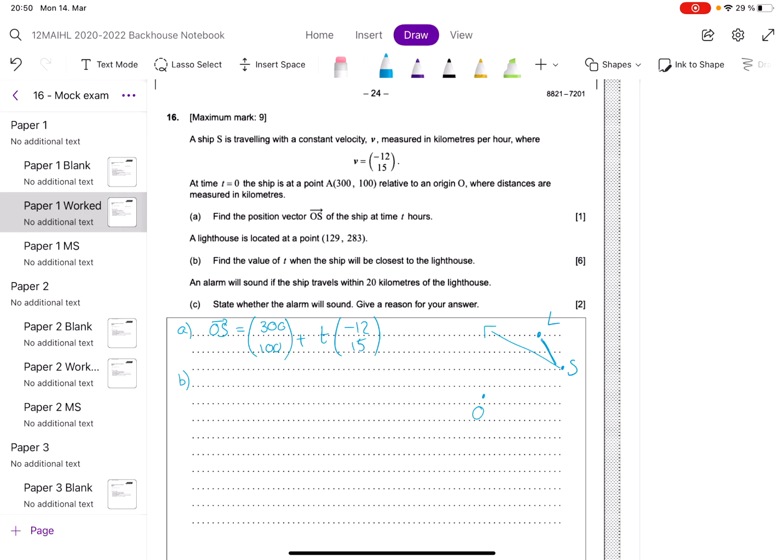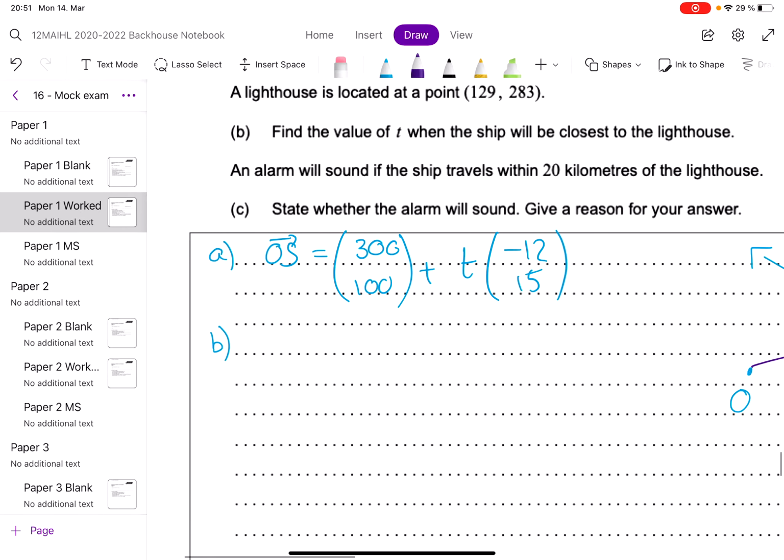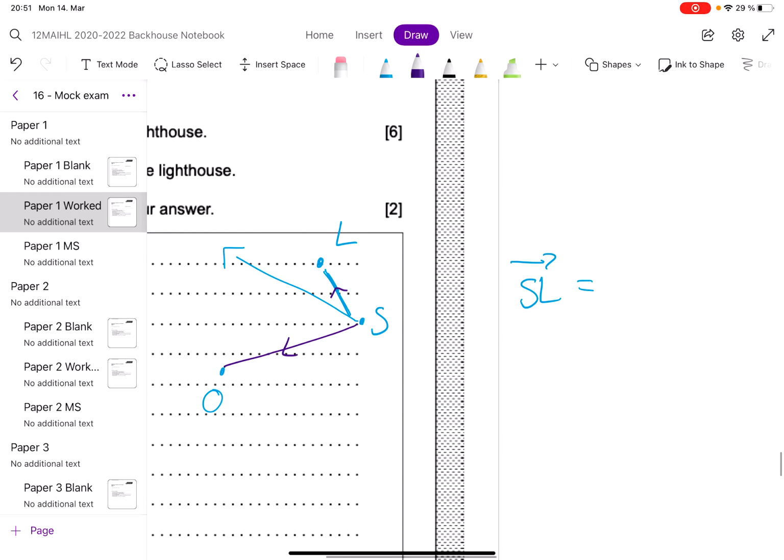To get the vector SL, we need S to L. So let's zoom in here, let's have a little look. That's what I want to find. I need to go from S back to O. That's all right. I've got OS, I just reverse it for SO.